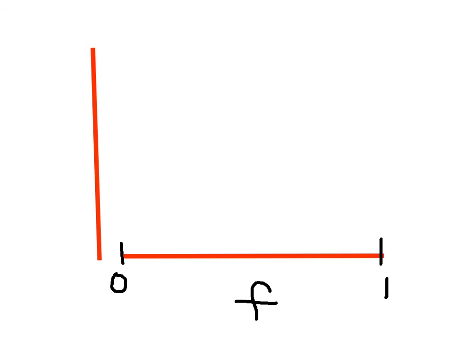So here's my y-axis, and here's my x-axis, and I'll put the fractions down here. So f will be here, here's 0, here's 1, and I'll mark off in steps of 0.2.